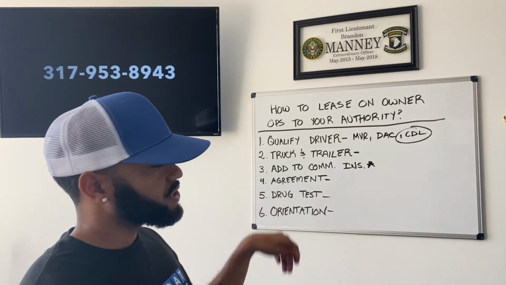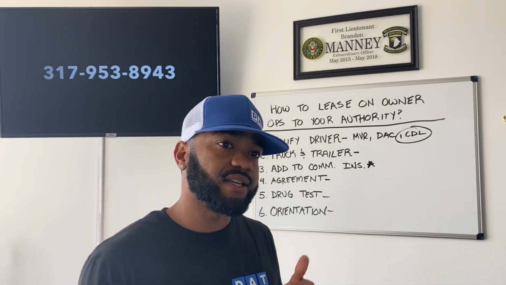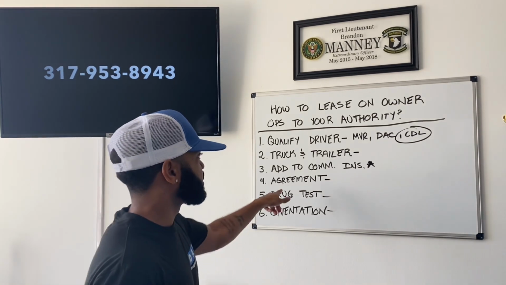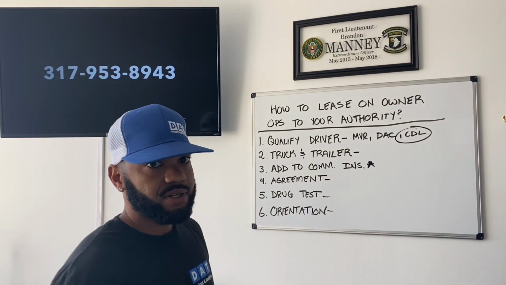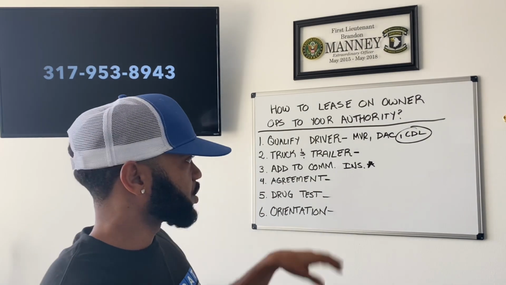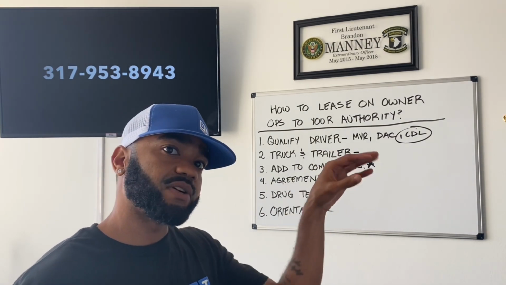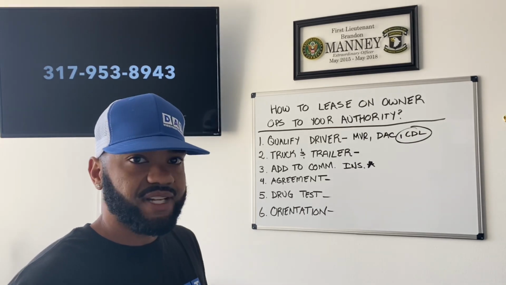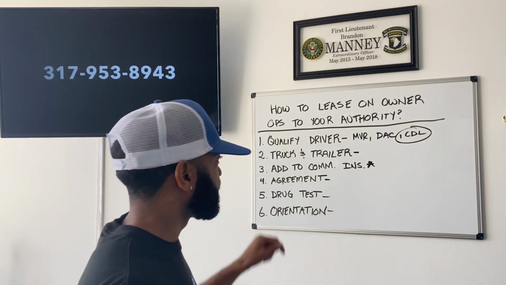Once your commercial insurance company comes back and says that driver's good to go, you can add them onto your policy. Then send the driver your agreement. It should be an agreement coming from your company to that owner operator, making sure you're on the same page.